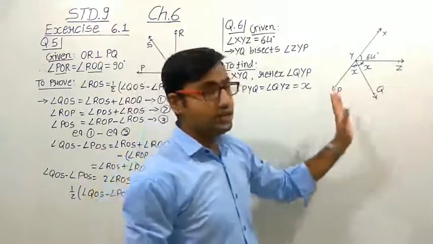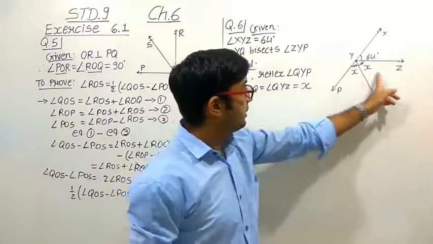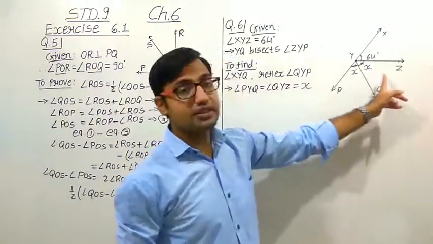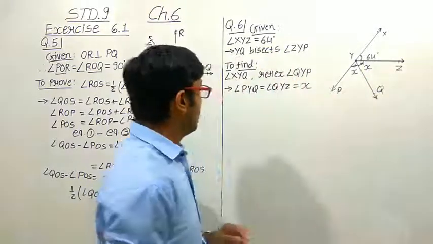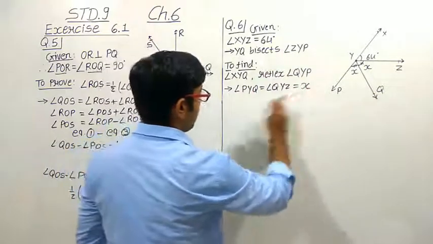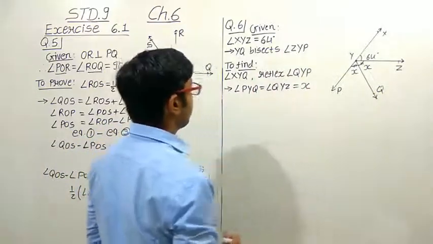If ZYP is 120 degrees, then these two are 60 degrees each. So let us take it as a variable X because we don't know the exact value.